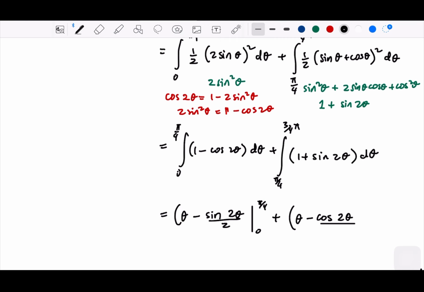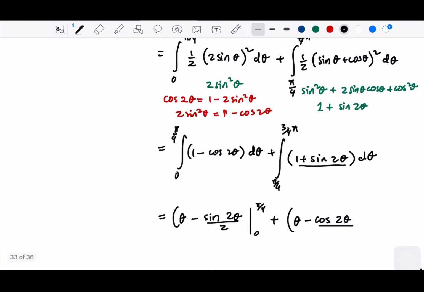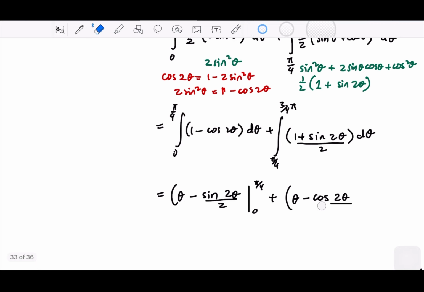Excuse me. What happened to 1 over 2 in the second integral? Ah, right. This is okay. I forgot this, the half one. This should be half of that. So maybe let me write.